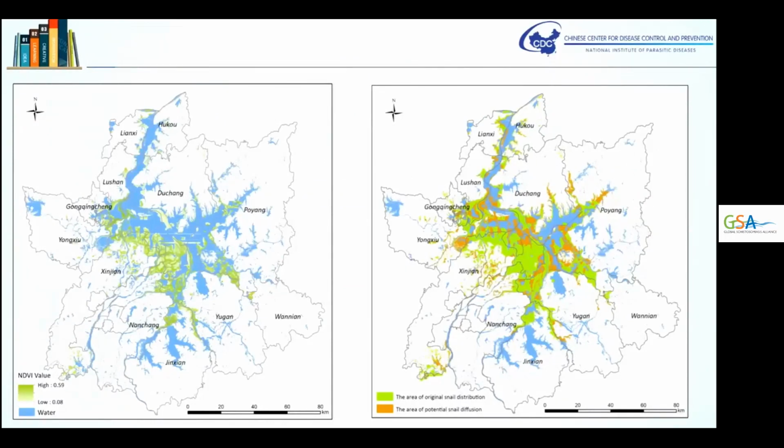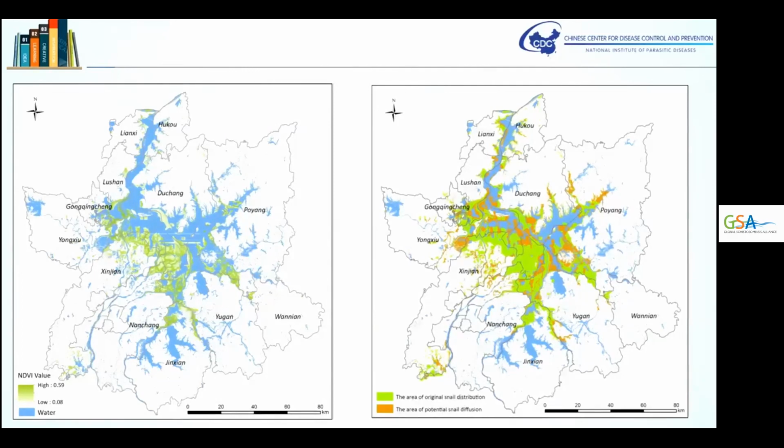So the left figure shows the distribution of snail habitats in Poyang Lake areas. NDVI data were used to measure the vegetation cover in snail habitats, collected from Landsat 8 remote sensing images. And the right figure shows the prediction of snail habitats based on the flood-affected setting.